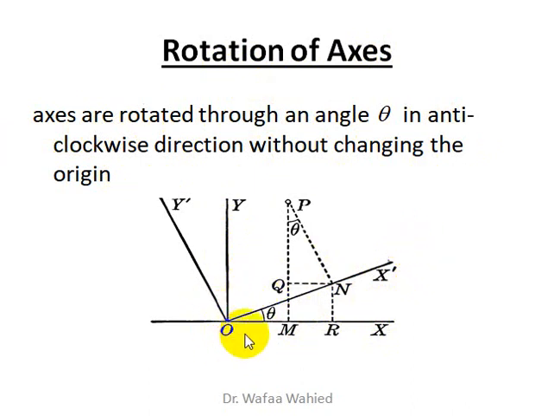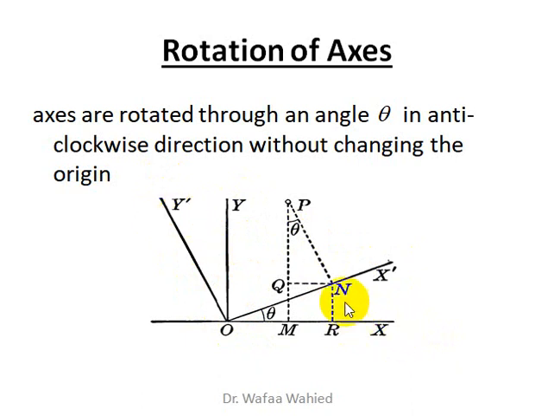O is fixed, but we rotate the xy plane with angle theta in the anti-clockwise direction without changing the origin. So we will have a new x dash y dash plane, and the original plane is the xy plane. So we will have new axes, x dash axis and y dash axis, and the old axes are x and y.